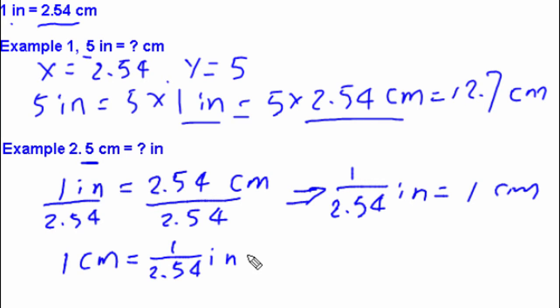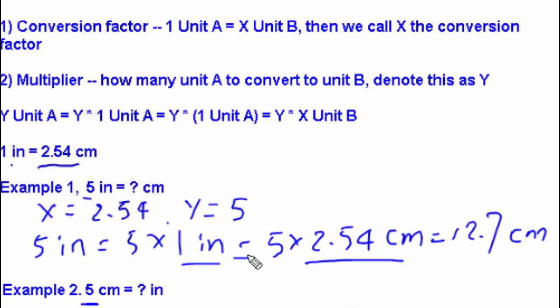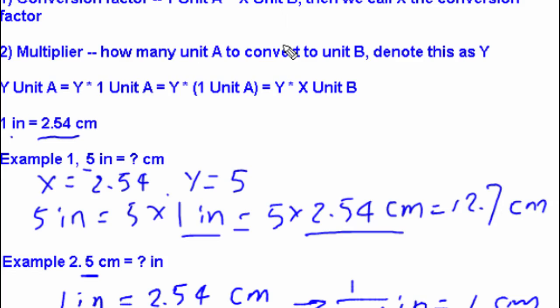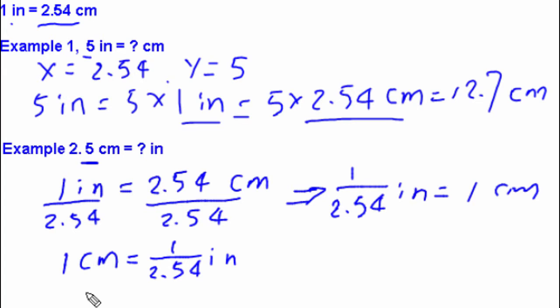Remind ourselves of the earlier definition: the conversion factor is basically 1 unit A is equal to how many units B. In this particular case, because we want to convert centimeter into inches, we have 1 centimeter is equal to 1 divided by 2.54 inches. And this 1 divided by 2.54 is our conversion factor that converts centimeter into inches.